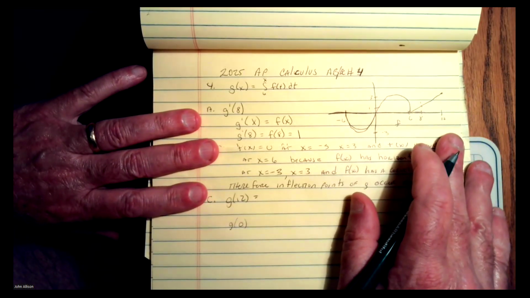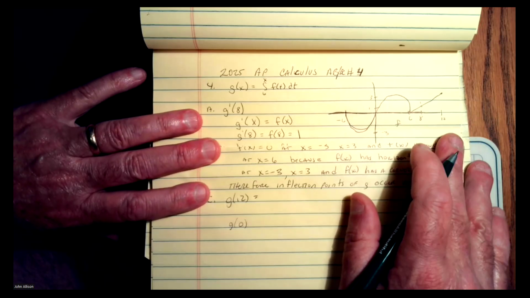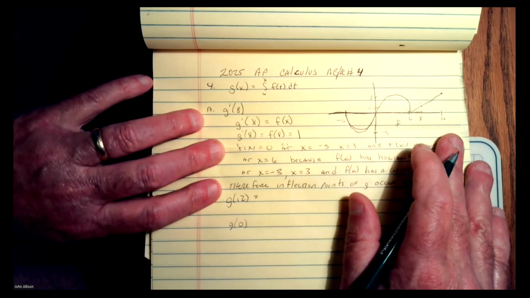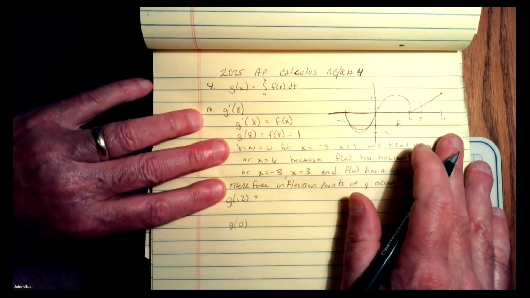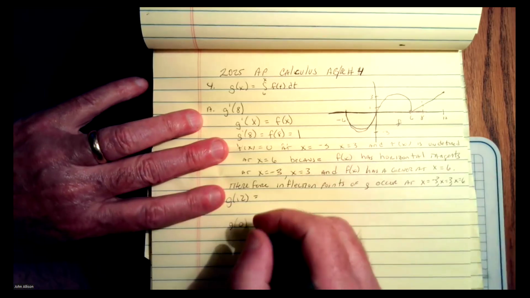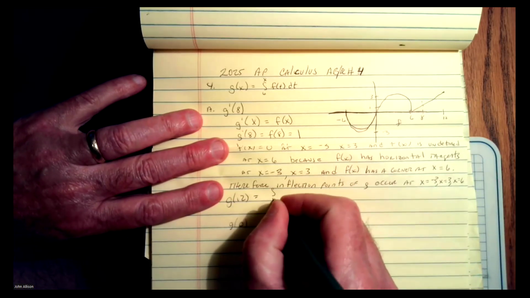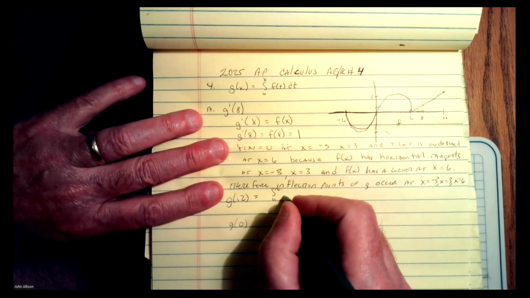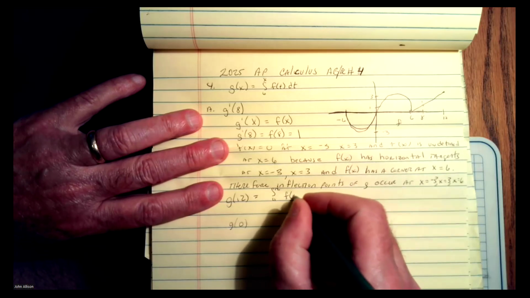At x equals 6, G of 12 equals the integral from 6 to 12 of f of t dt.